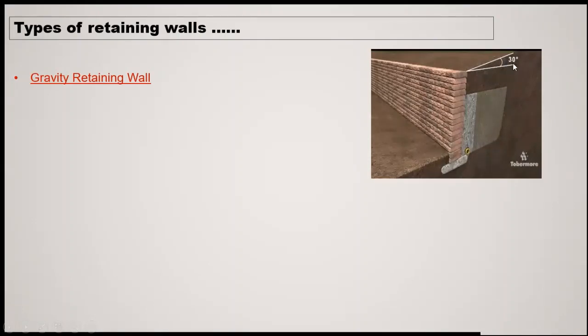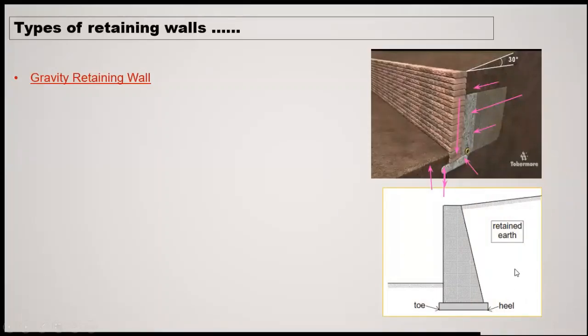Even the backfill is a surcharged backfill with some angle, 30 degrees, as we have discussed in soil. From this side, if I show by an arrow, this is the toe side, it will be resisting, and this side it will be applying pressure. This one hole is to drain out the water if there is water, so that it should not apply pressure. So this is the stem, this is the toe, and this one is the heel. This is the part of the retaining wall.